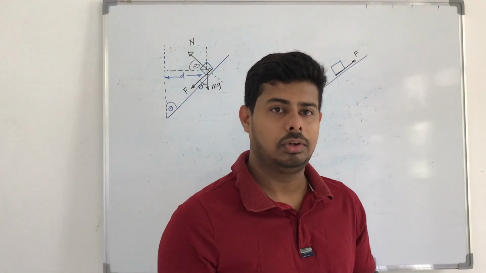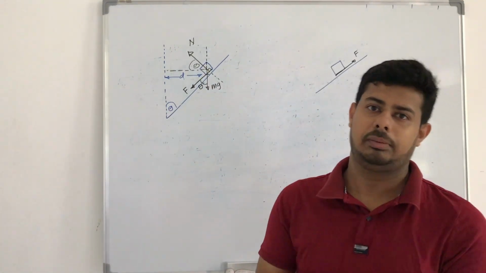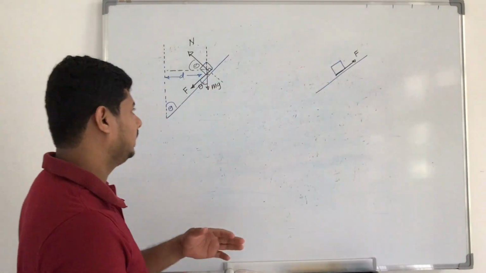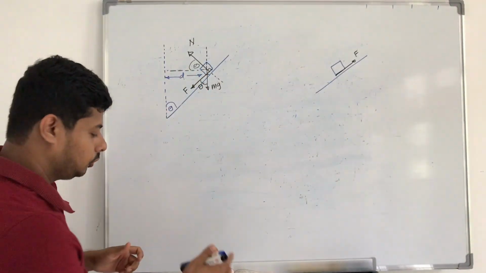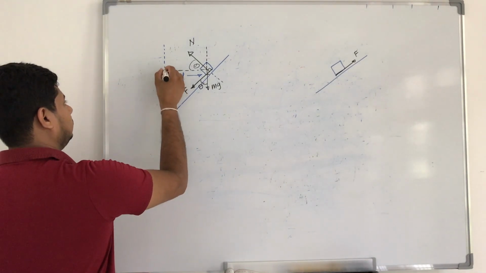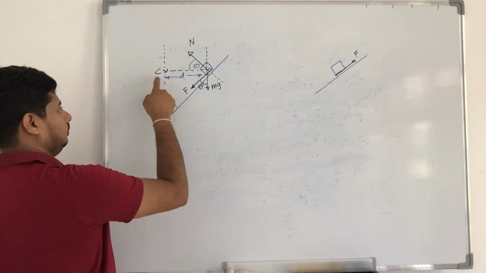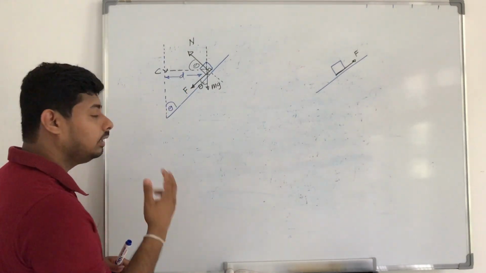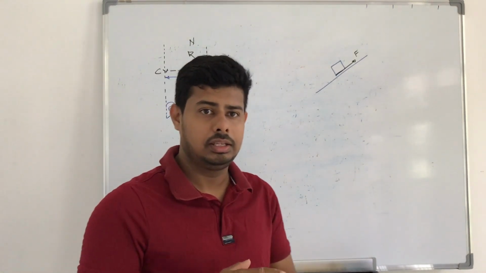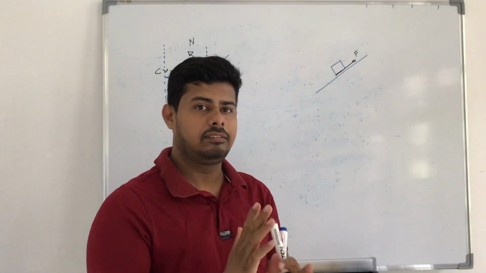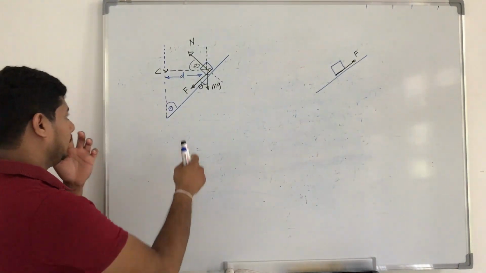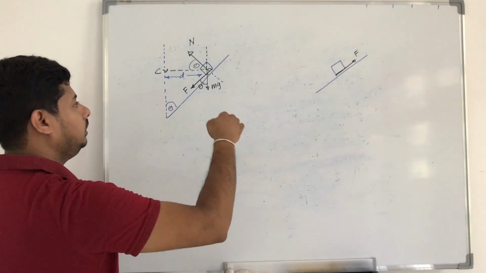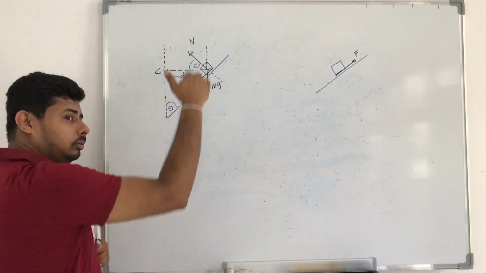So when you solve the horizontal circular motion, there are two steps to solve the question. The first step is to apply F equals ma towards center. So the center of this motion is here, right? This is the center of the motion. So you can apply F equals ma towards the center, and the second step you can apply vertical equilibrium, because when this is moving in a horizontal circular motion, it will not jump up and down.